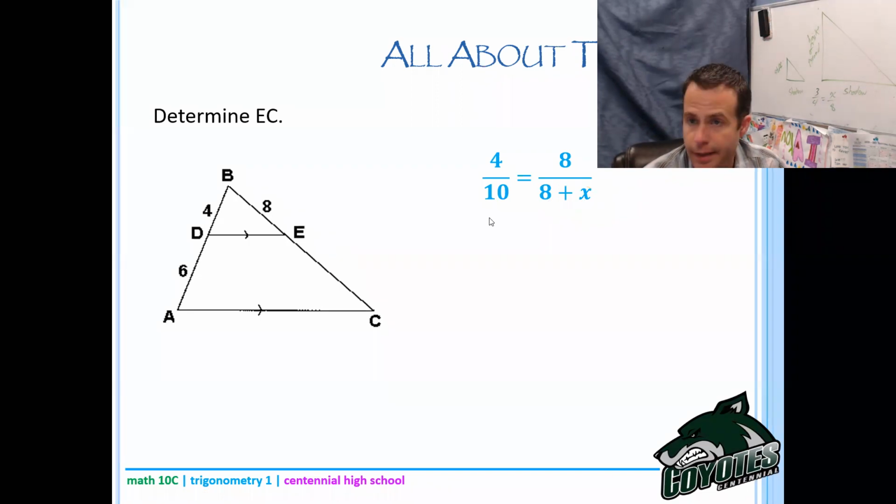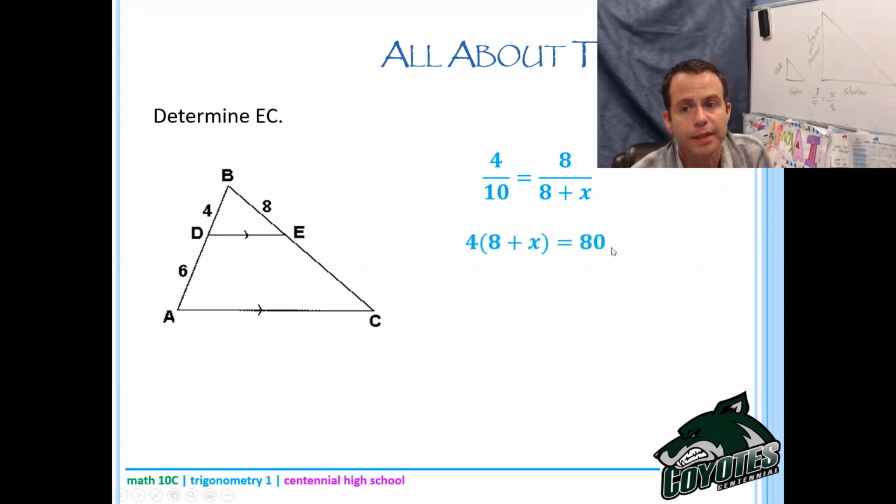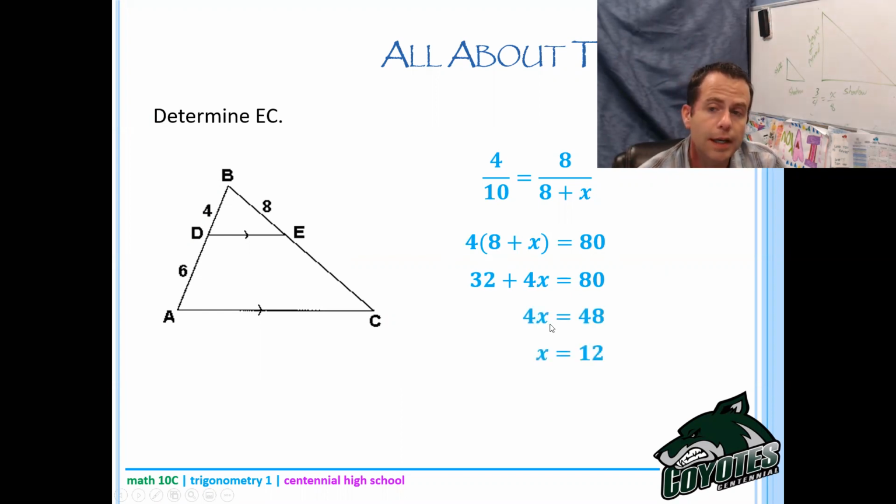If you understand that as cross multiplication, that's totally fine as well. 4 times 8 plus x equals 80. Now, you can either distribute the 4 in, or you could just divide both sides by 4 and then subtract 8, however you want to do it. I distributed the 4. Now I'm going to subtract 32 and divide by the 4, and I get x equals 12. Okay, x equals 12. I don't need units here because units weren't given to me in the question.